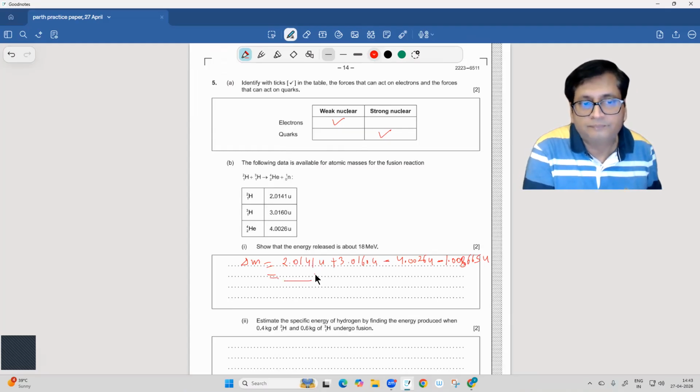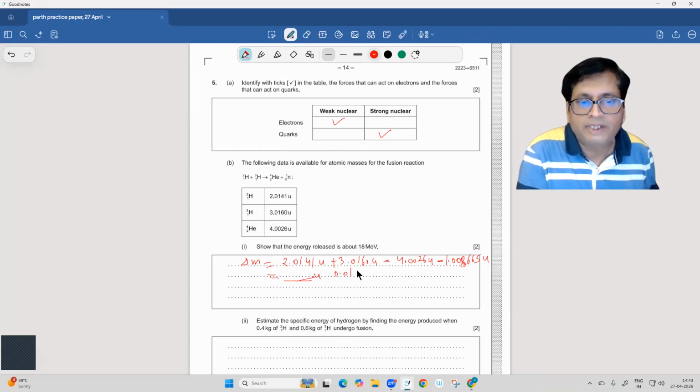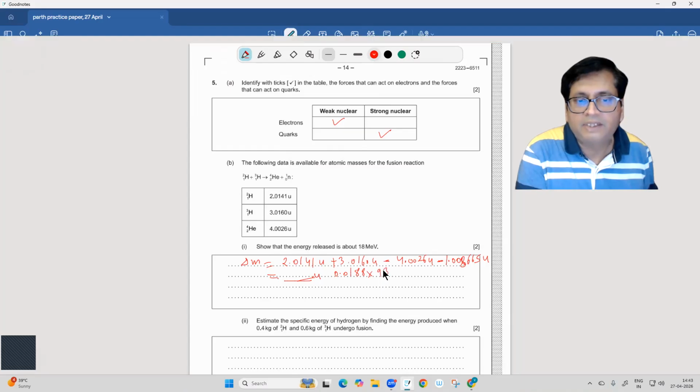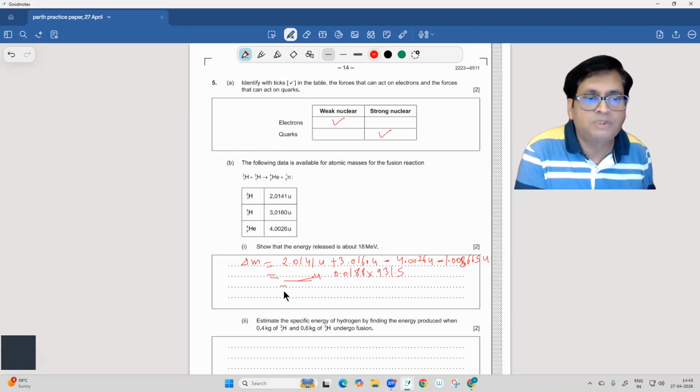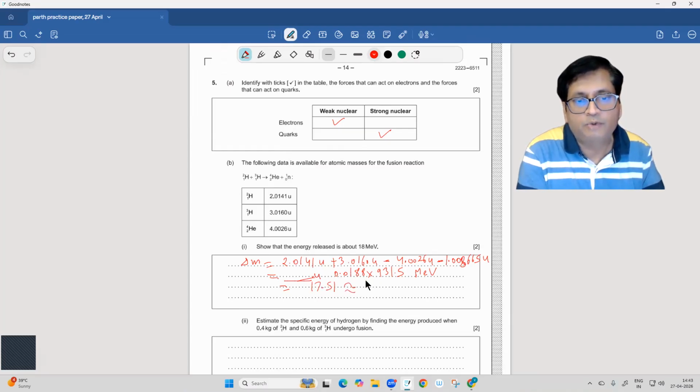Sir, this is 0.0188. Then multiplied by 931.5, because 1 u is equal to 931.5 mega electron volts. So how much are you getting? 17.512, which is nearly equal to 18 mega electron volts.